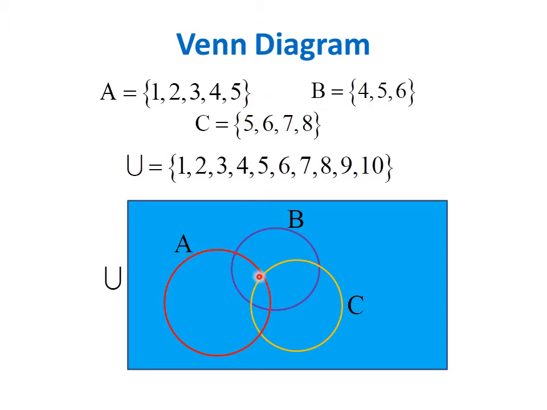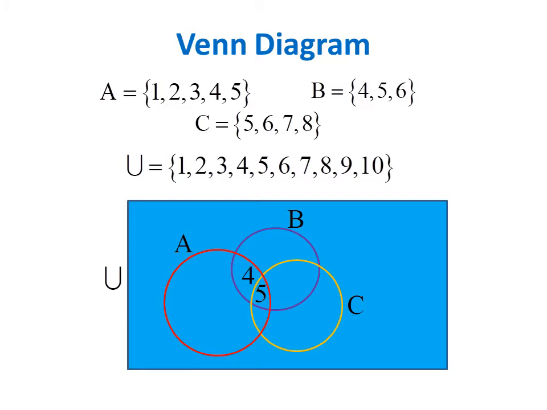So, the common elements or the intersection of the three sets, of course, is represented by this area. If we look at the three sets, A, B, and C, the only common element is the number 5. So we write 5 in that area.